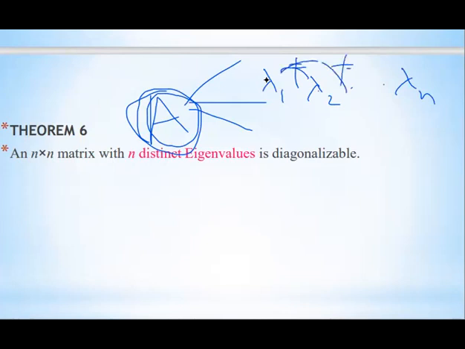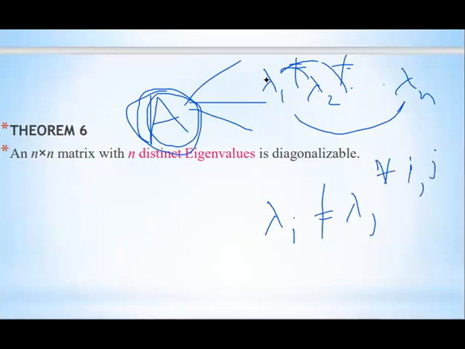These are distinct numbers. So lambda i is not equal to lambda j for all i, j, where i is not equal to j.